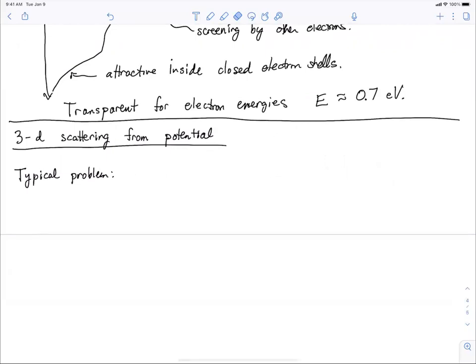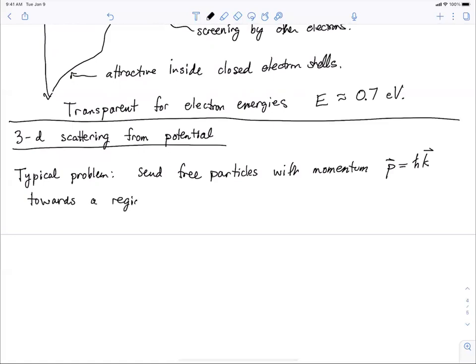We're going to send in free particles with some fixed energy and therefore with fixed momentum. Now it's a vector rather than just a number, p equals h bar k, towards a region with potential. And we're assuming the potential is localized so that it doesn't extend over very large distances.